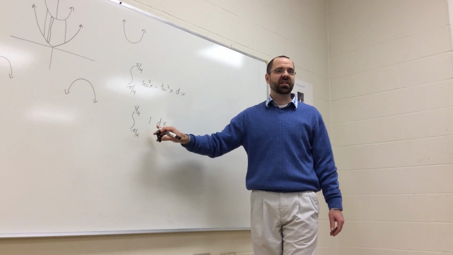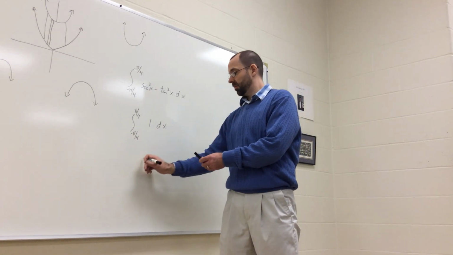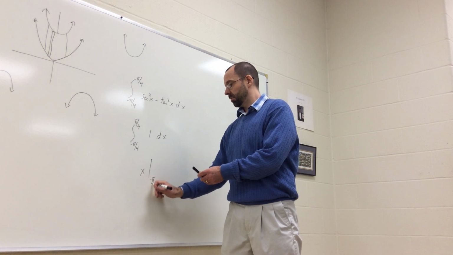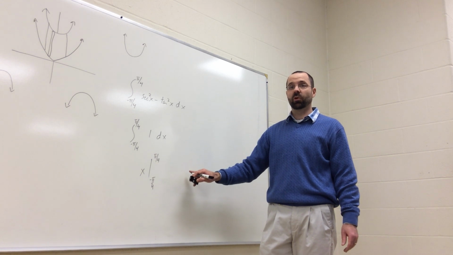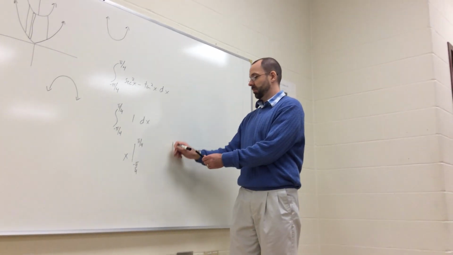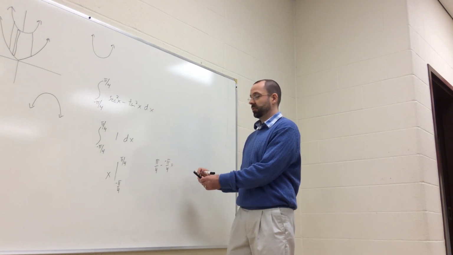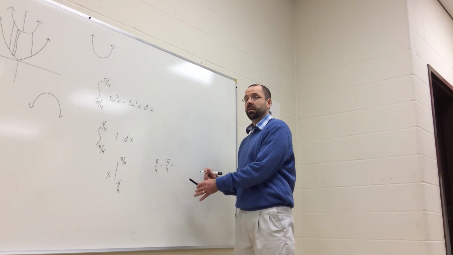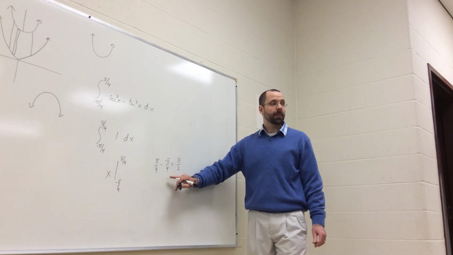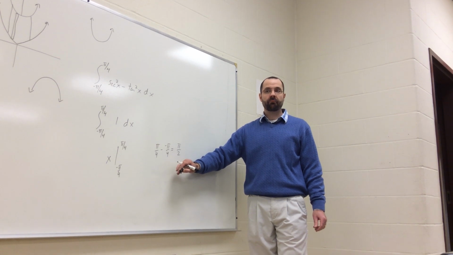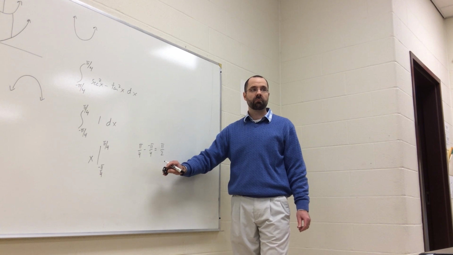I said this was calculator active, but this is such an easy antiderivative, I'll go ahead and do it. So it's just pi over 4 minus negative pi over 4, which is 2 pi over 4, aka pi over 2. Everybody all right?